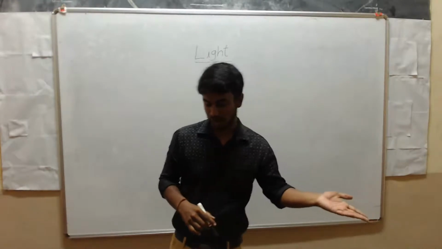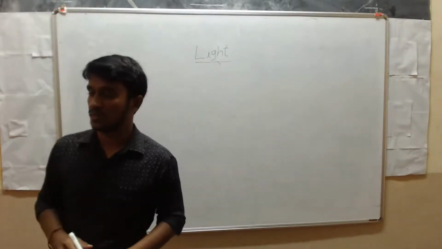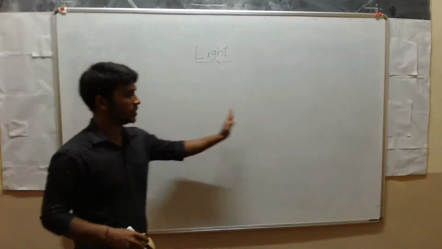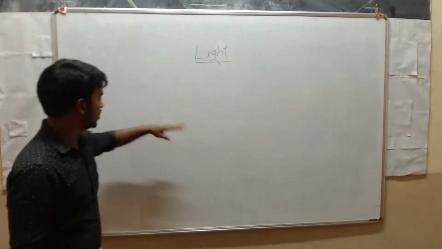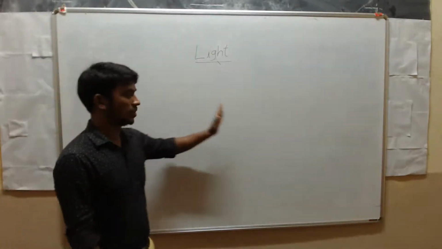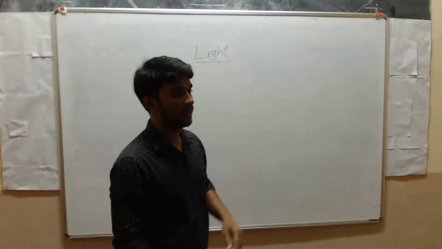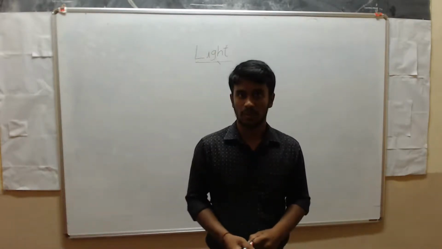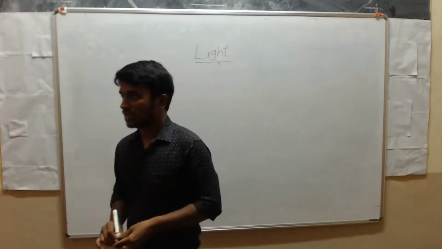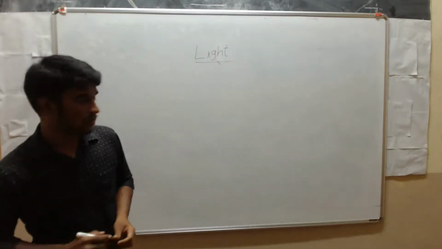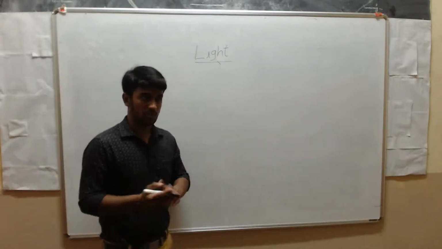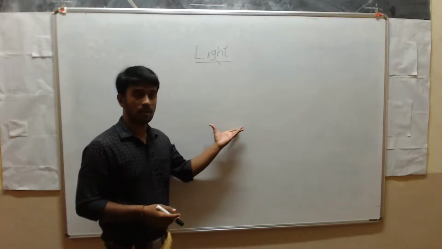In a convex mirror, if you keep the object at infinity, you will get the image at F only. If you keep the object between infinity and the pole of the mirror, you will get the image between the pole of the mirror and the principal focus. So now, is it possible to find the position of the object or the image without drawing diagrams?